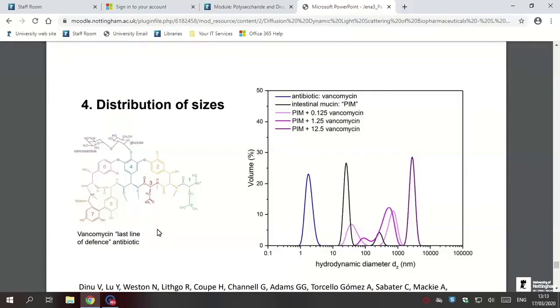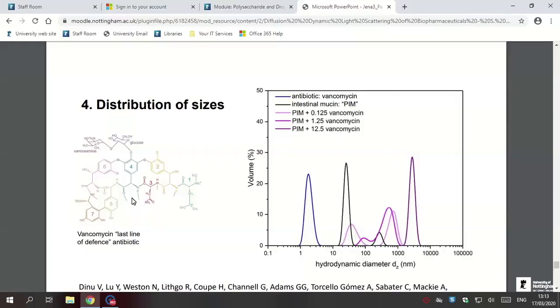And then we're looking at the interactions with mucin. Mucin molecules, as we find later on in this module, mucin is the molecule which is part of mucus. Mucin is a very large glycoprotein molecule, usually several million molecular weight.